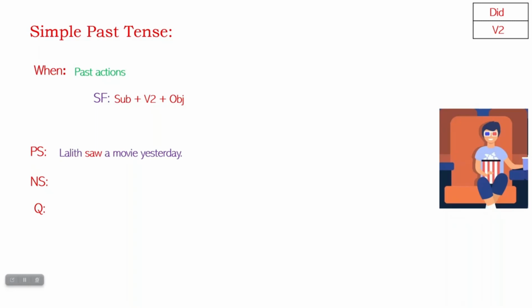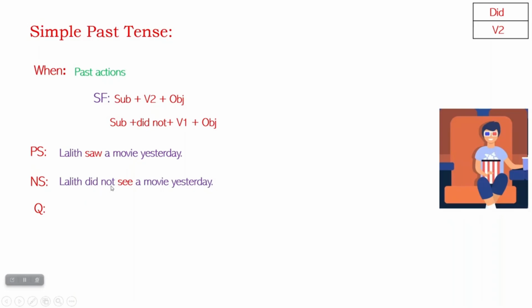Next, negative sentence. Subject plus did. We are taking the helping verb did here. As it is a negative sentence, we are taking not plus V1 plus object. Example, Lalit did not see a movie yesterday.